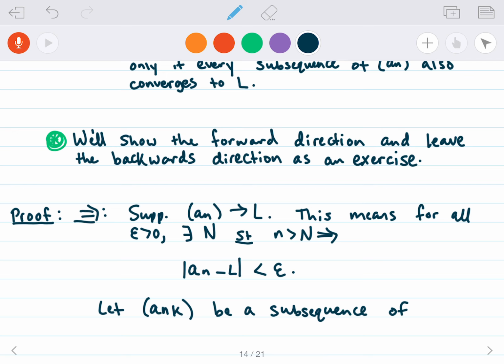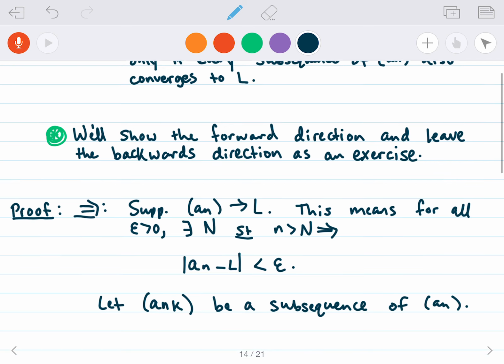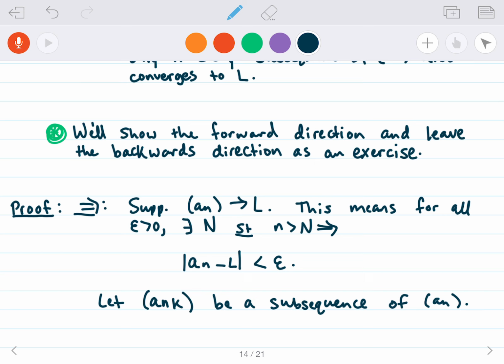And what do we want to show? We want to show that this converges to the same limit L. So once little k is large enough, once we go out far enough in our subsequence, the terms in our subsequence are going to get arbitrarily close to our limit L.